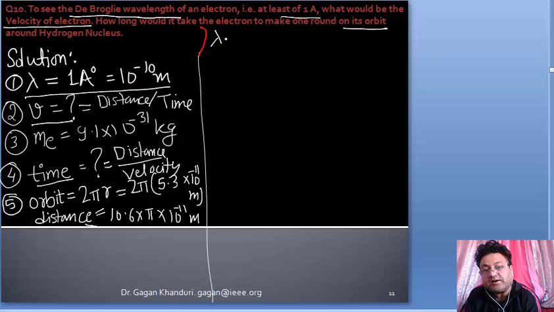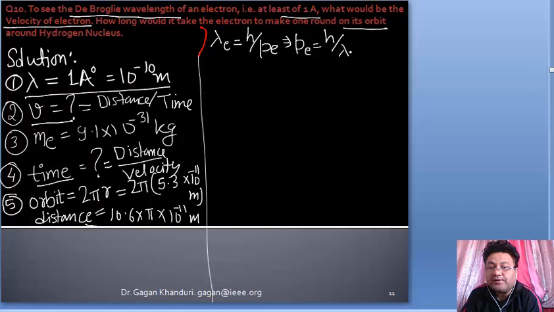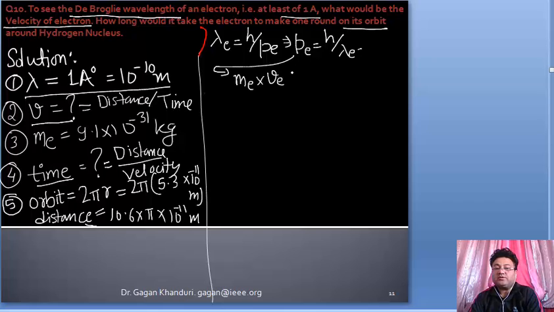So we know that lambda of electron is given by h upon momentum of electron. Therefore the momentum of the electron can be obtained by h upon lambda of electron, and this momentum can be written as mass of electron into velocity of electron. So this is the point from where we can solve the question now.